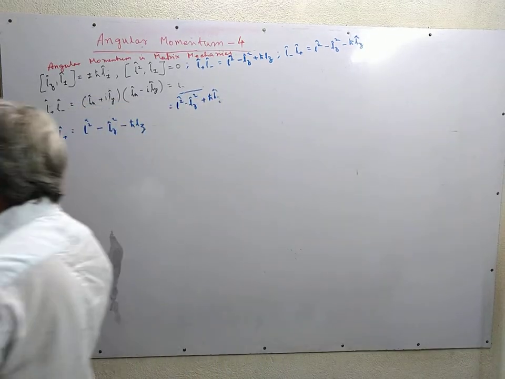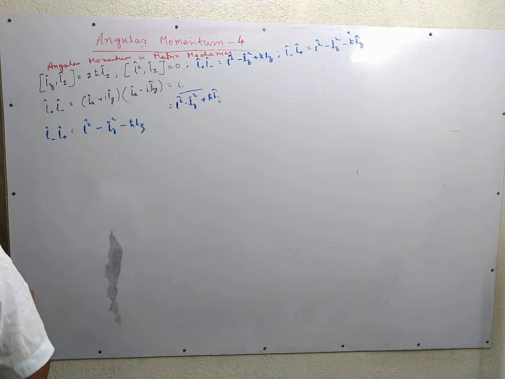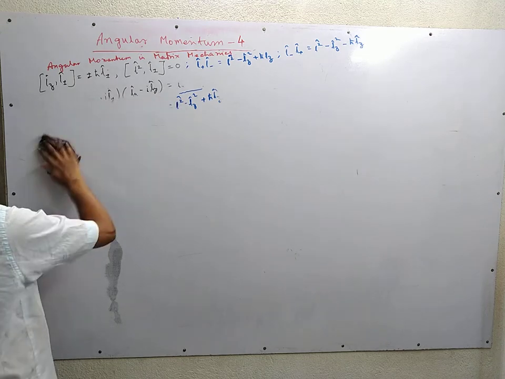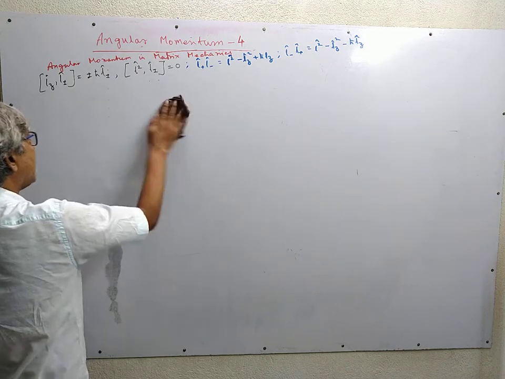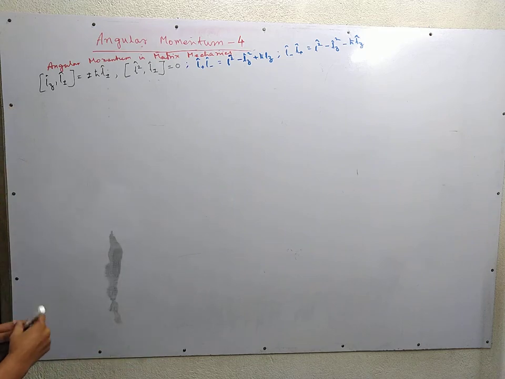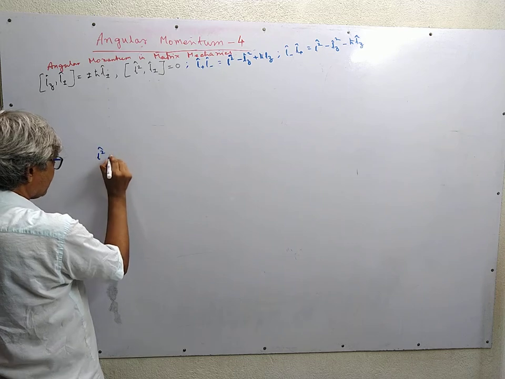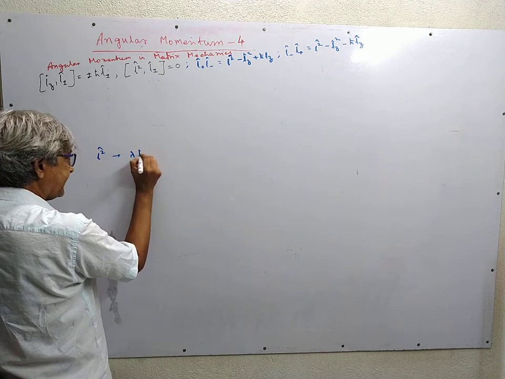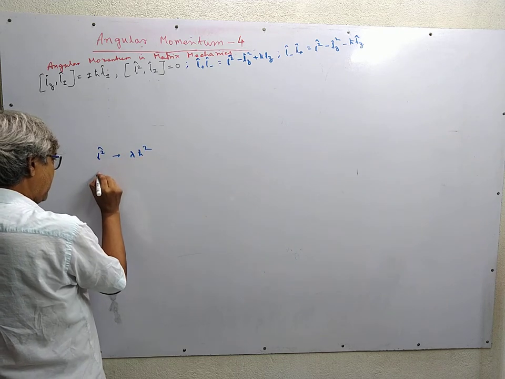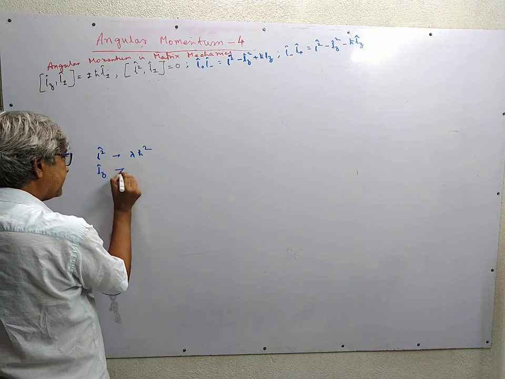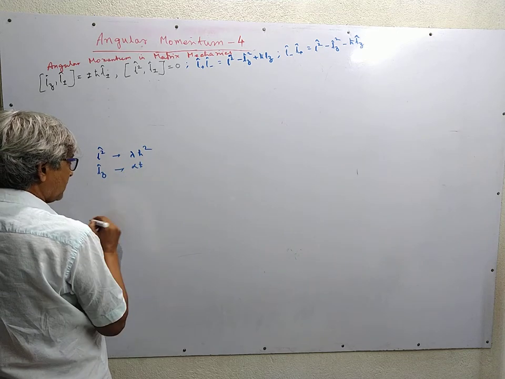Now we come to the eigenvalue equation. We assume that we have an eigenket, and the eigenvalue of the L square operator is lambda H line square, and that of Lz is alpha H cross.